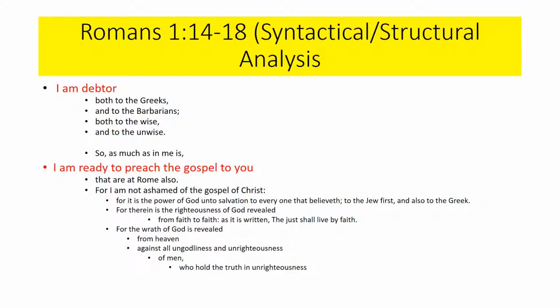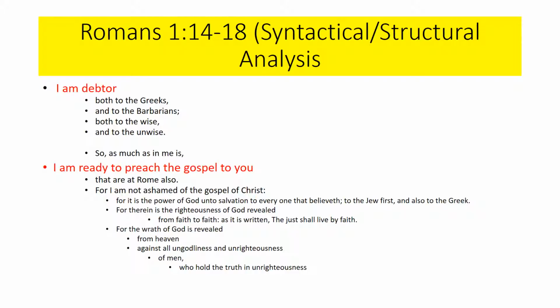Now, when I look at the next independent clause, Paul says, I'm ready to preach the gospel. We have a phrase modifying when he's ready or how he's ready. And above there we see, so as much as in me. So how is Paul ready to preach? Well, as much as is in him, he's ready.